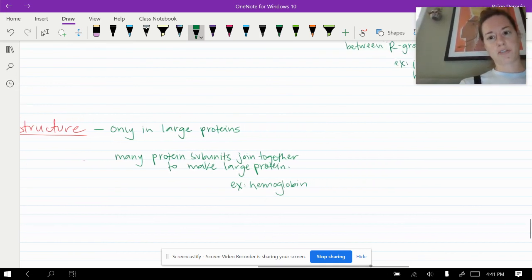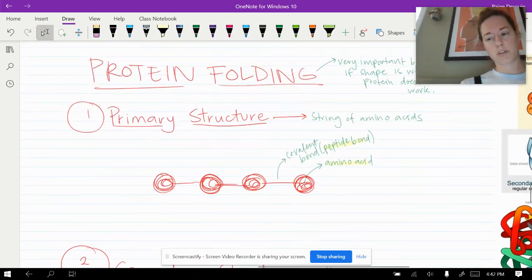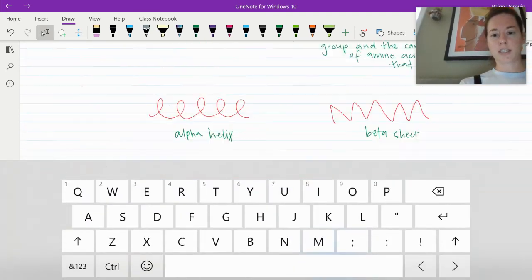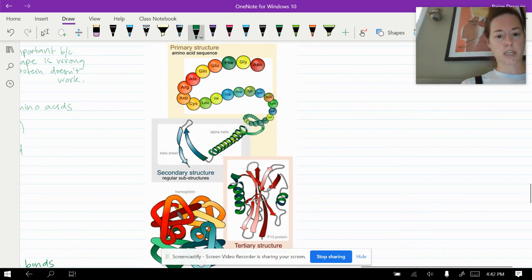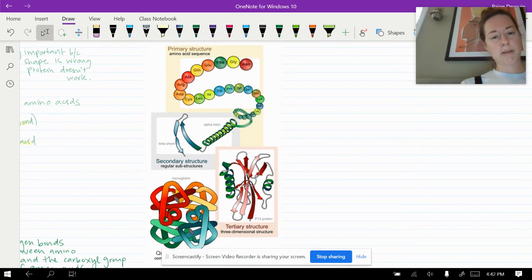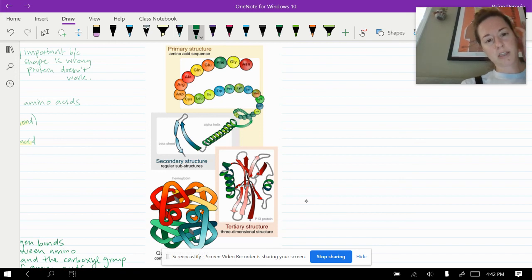Okay, I'm going to show you a picture of this because I think it will help. So over here is a diagram in your OneNote that kind of shows you. The primary structure is these little circles that are joined together using peptide bonds. The three letters are the names of the amino acids, which you don't have to memorize. Then, using hydrogen bonds, they curl up into an alpha helix or a beta sheet. And then in the tertiary structure, the R groups interact to form this very specific 3D shape.